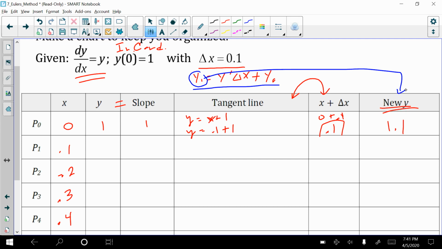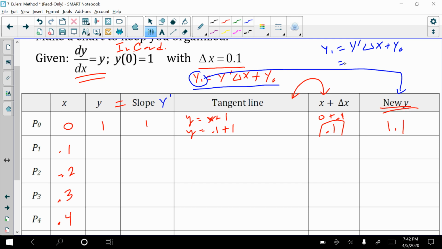In this case, y prime and the slope are the same thing because that's the derivative of the tangent line. So the new y value is going to be equal to the derivative of y times delta x plus the y naught value. The subscript of 0, we read it as naught.